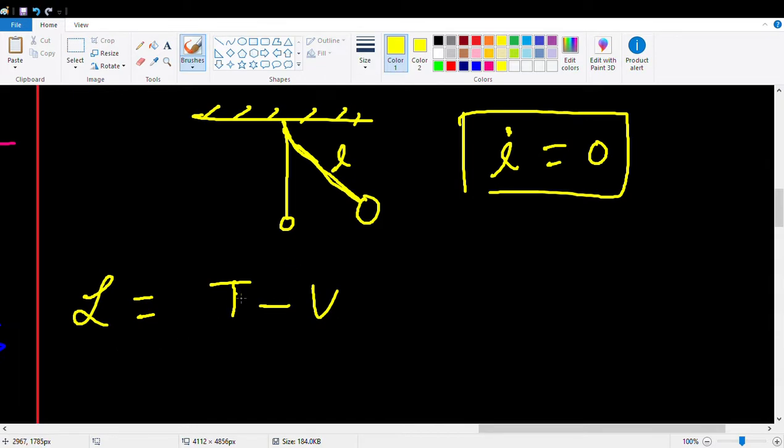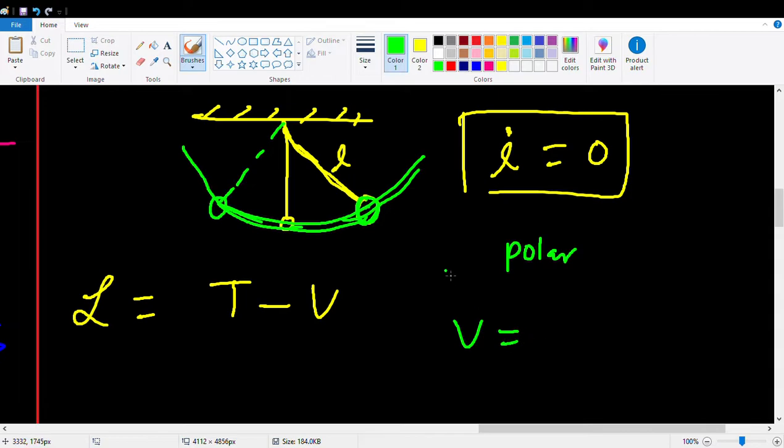Okay, now I have to figure out what the kinetic energy is. Well, if you look closely, after some time this object is going to move like this. So it is almost like it's moving in a circle. If it is moving in a circle, I am free to use the polar coordinate system.